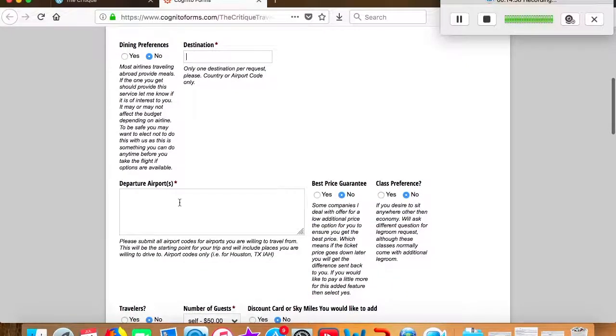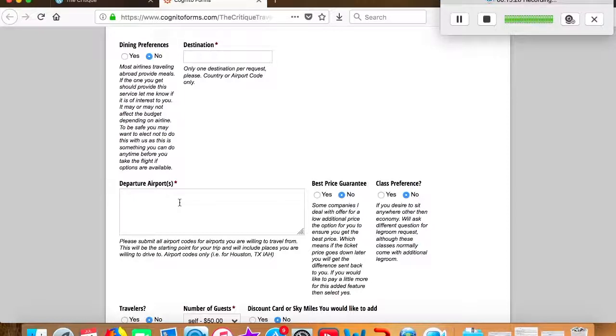So, departure airports. I give you multiple options because if you live in small areas, like for instance, I live in Chatham, and your airports in your area are smaller regional airports, not international airports, then you have multiple options.